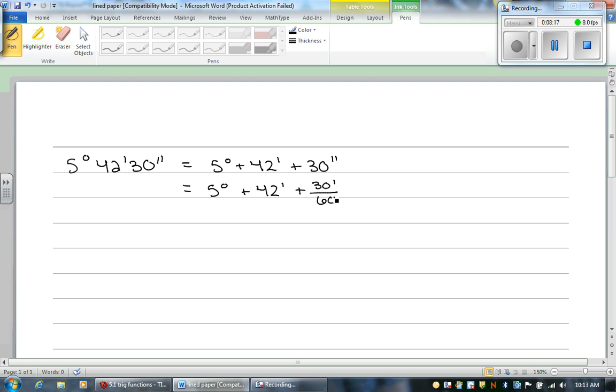That's written as minutes, which we know 30 over 60 is 1/2. So this is a half a minute. 30 seconds is a half a minute. So we can adjust this to 42.5 minutes. And then we want to write this as degrees. So in order to write that as degrees, I'm going to take it and divide it by 60.